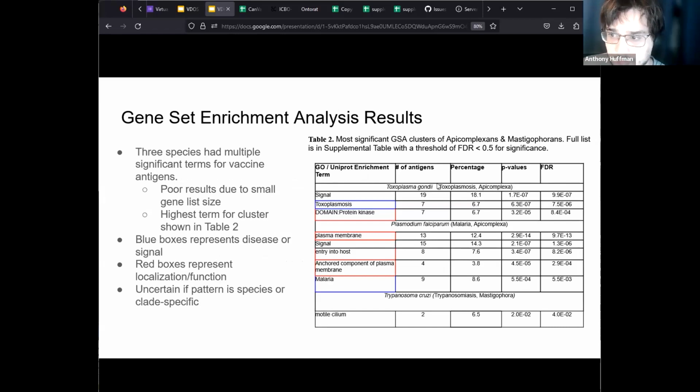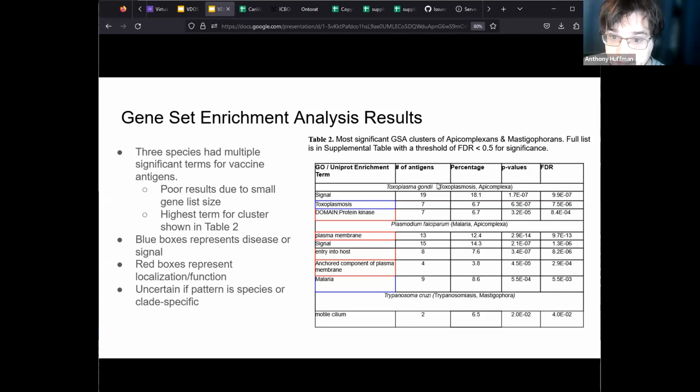While we had multiple terms, I mostly focused on the most significant term within a cluster that we found using DAVID. So for the apicomplexans, you can see in blue that we had some terms related to the actual disease process, which was still a smaller fraction than we expected. It was still showing up as significant for some of the process.